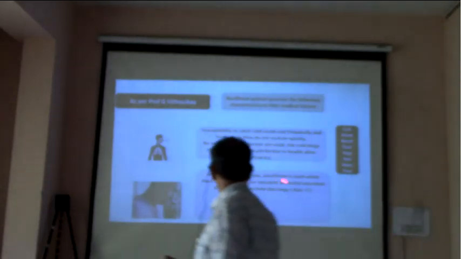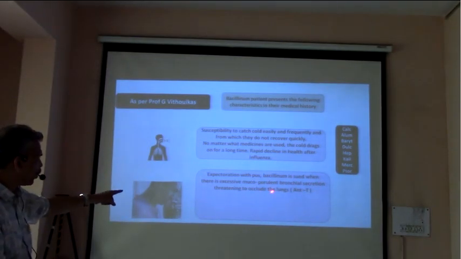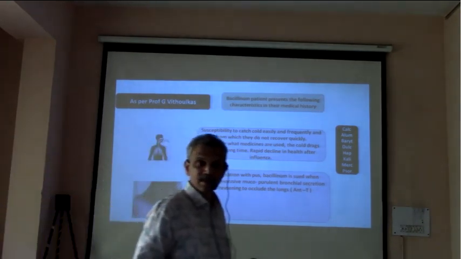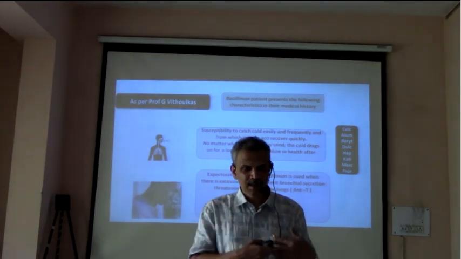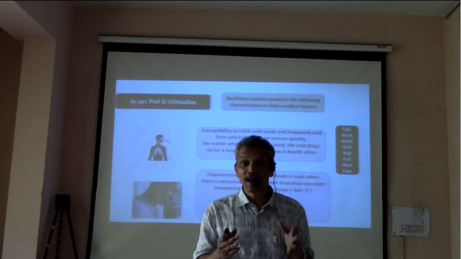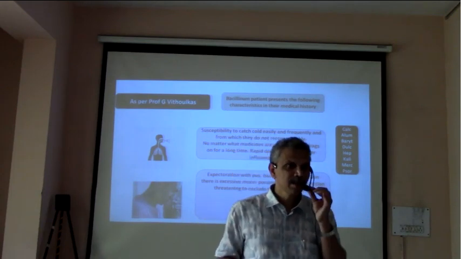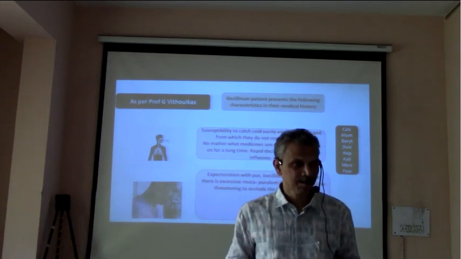So what I was trying to tell you here is, in tuberculosis you have secretions, expectoration with pus. Bacillinum is used when there is excessive mucopurulent bronchial secretion threatening to occlude the lungs. There is so much sputum, the chest is full of phlegm and there is a fear that it will occlude the lung. The only other remedy in this situation you need to remember is Antimonium tartaricum.